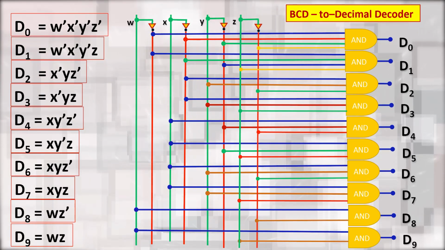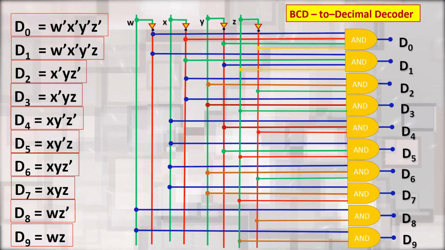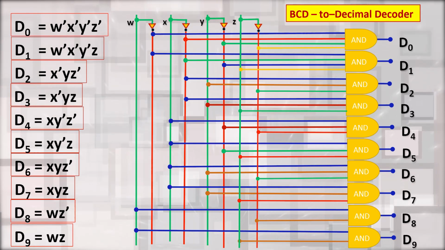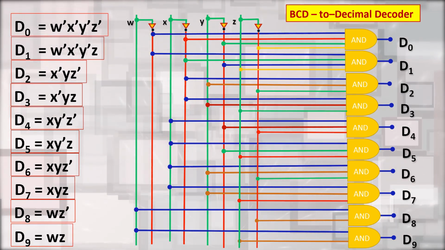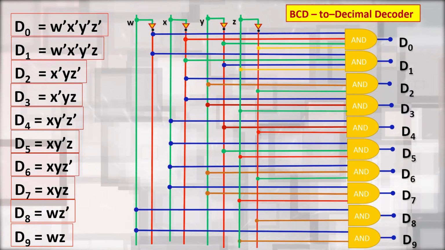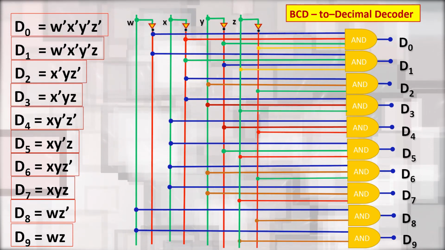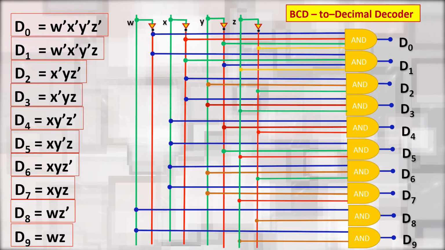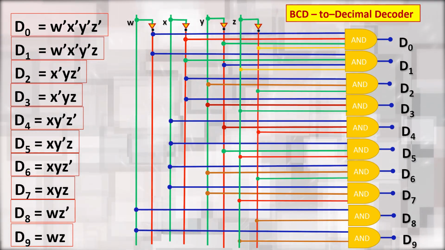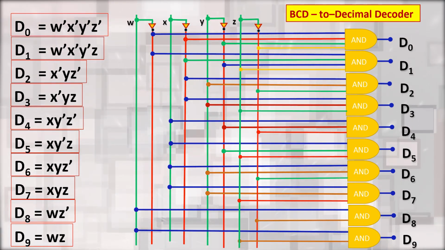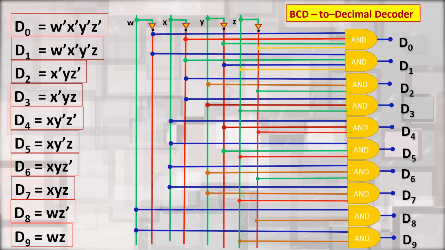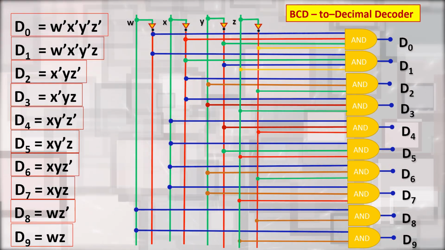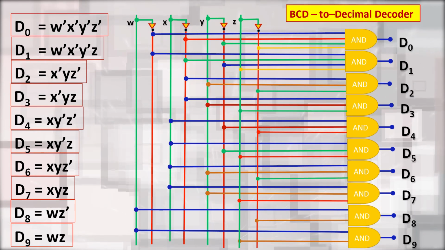Now, we have to realize these equations using a combinational circuit. For D0 we will need a 4 input AND gate, and W bar, X bar, Y bar, Z bar are connected to this AND gate to get D0.